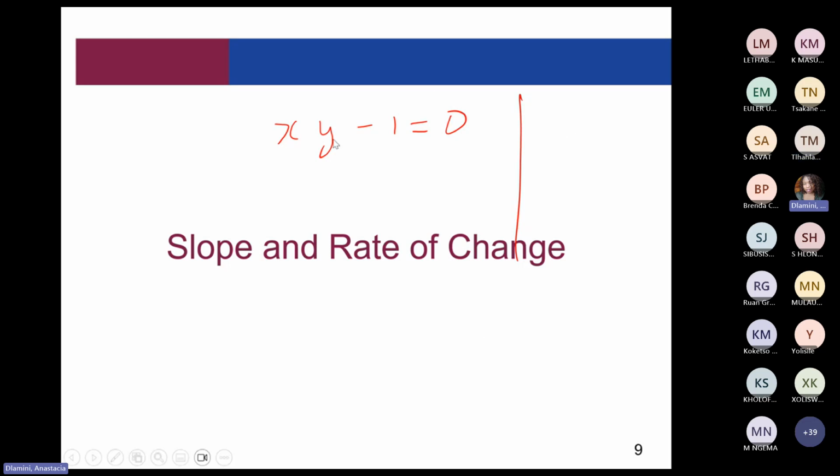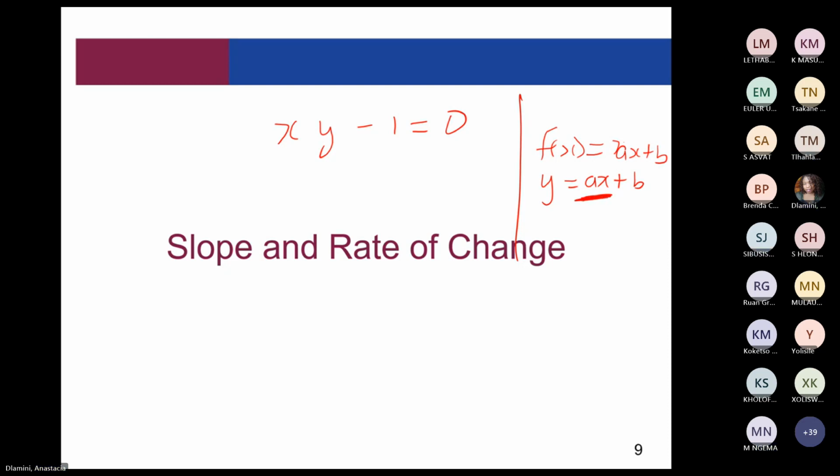Guys, sometimes by just looking at it, because it has a power of 1. Remember, we said it's a linear function because its f of x is equal to ax plus b. Did you see that here there was no multiple of y? It was just a constant times x.